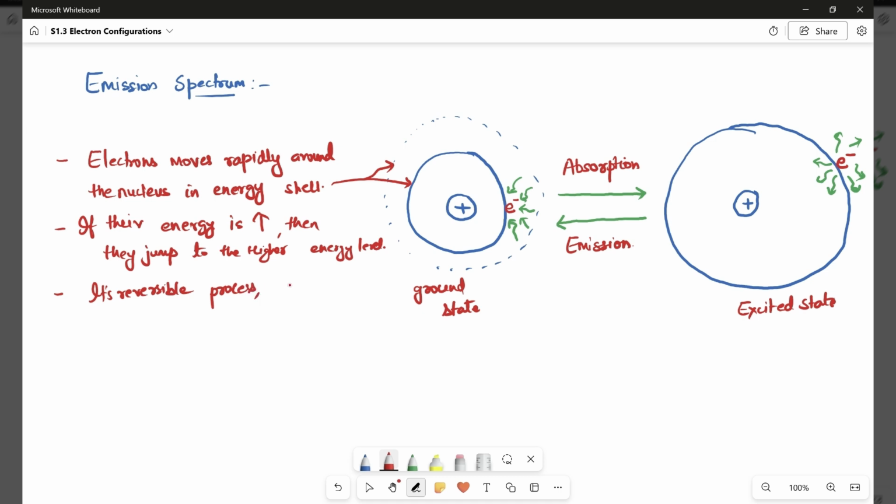So the electron can return to its original energy level.